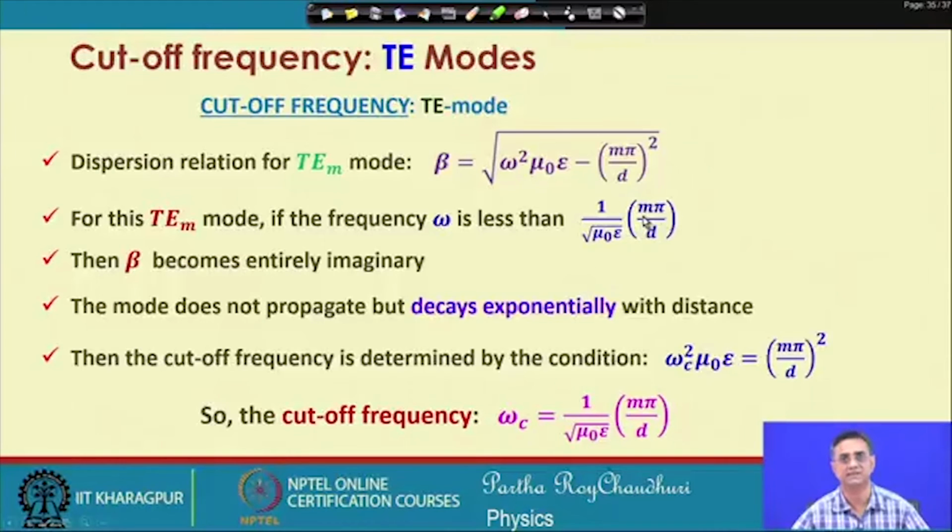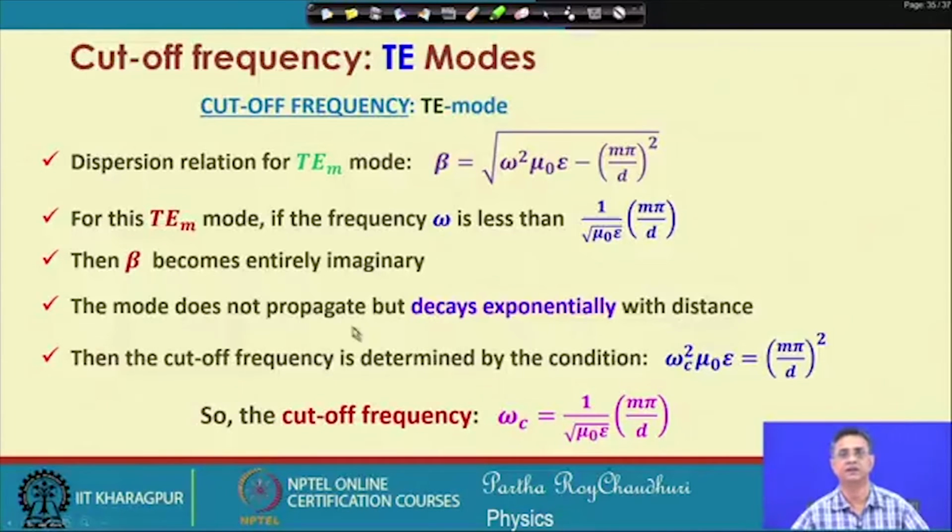That means the value of beta is now purely imaginary, and the mode does not propagate but decays exponentially. We have seen in the evanescent field that if the exponent becomes negative, so that beta or k x becomes imaginary, then the overall field will decay exponentially with distance.